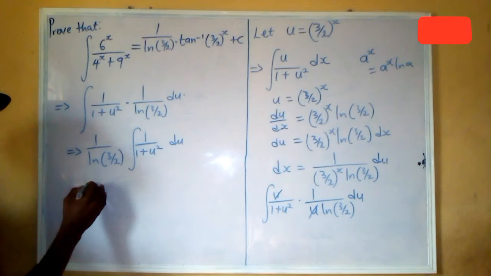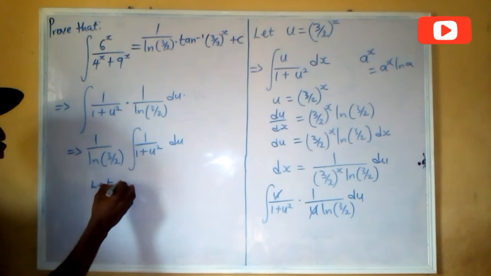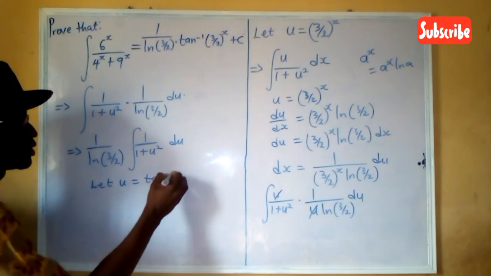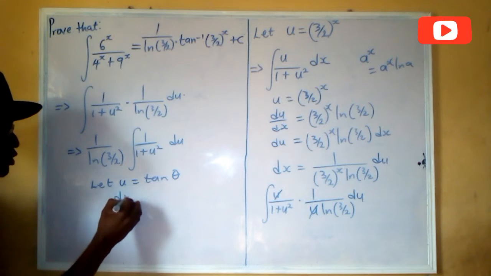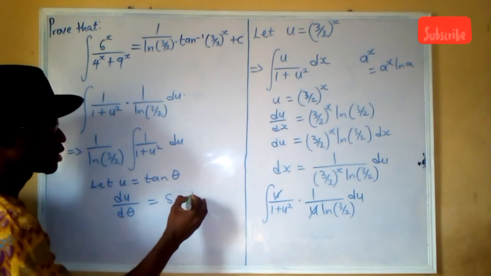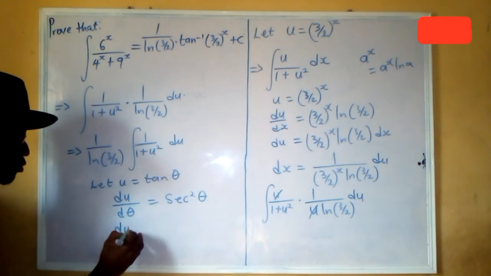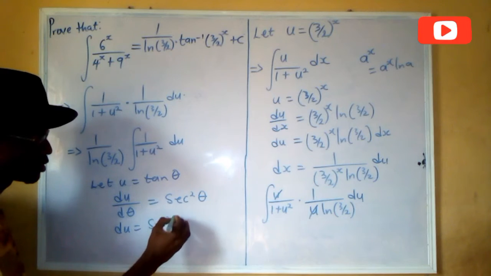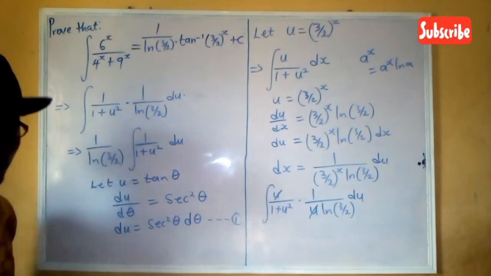Let u equal tan theta. If u becomes tan theta, that means du by d theta is equal to sec squared theta. That means du will be sec squared theta d theta. Let's note this, and proceed.